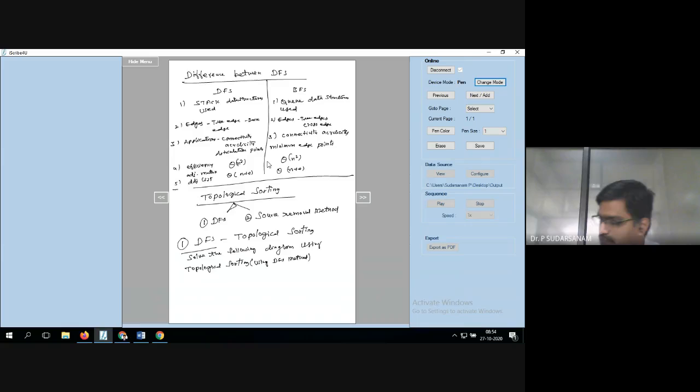You have two methods. One is called DFS, another one is called the source removal method. So first we'll do DFS. I'll write the problem in the next phase.